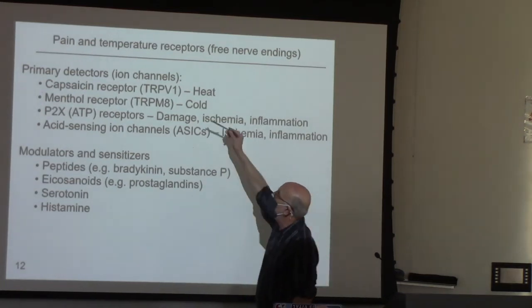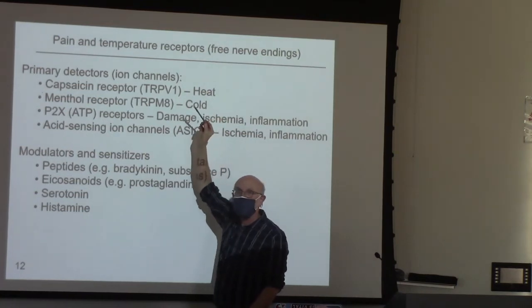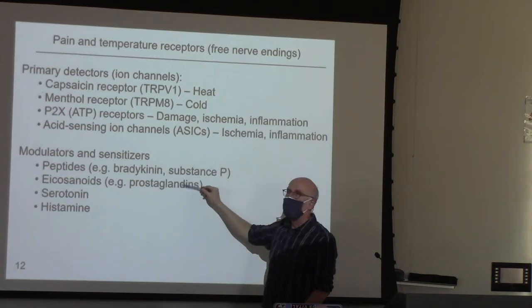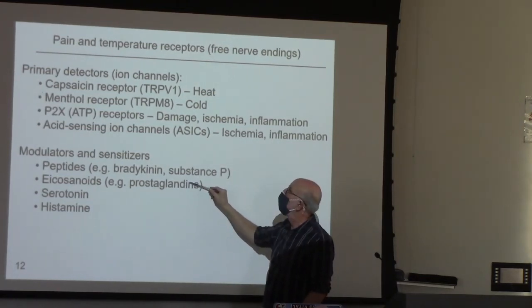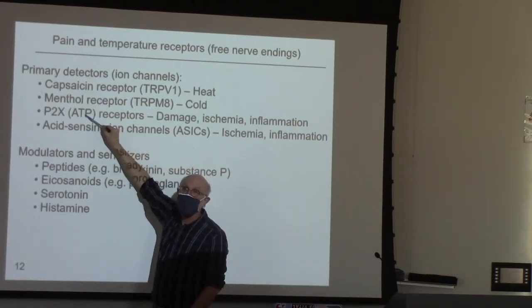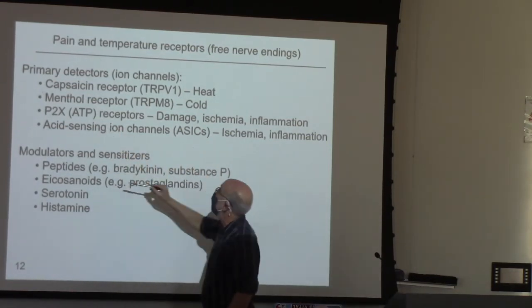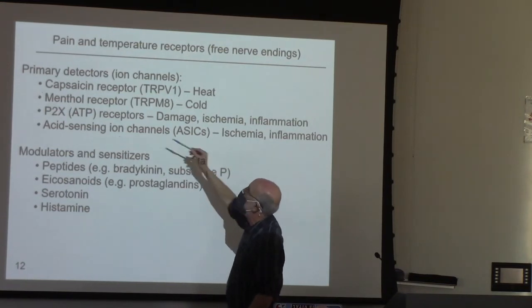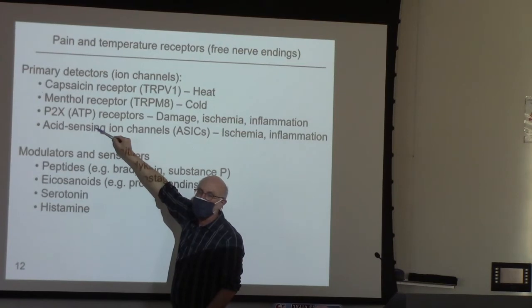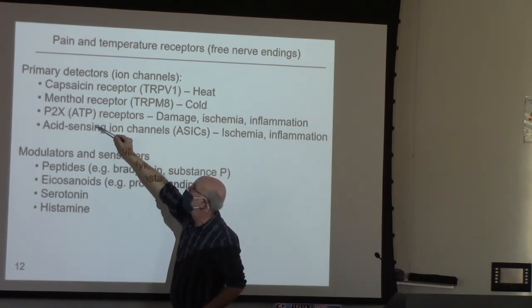So when we give our skin a painful response, we are releasing chemicals like ATP from cells that are being damaged, and acid from cells that are being damaged.